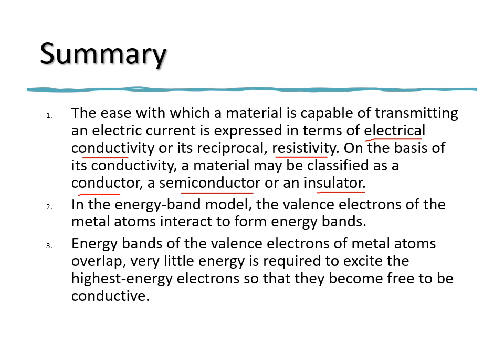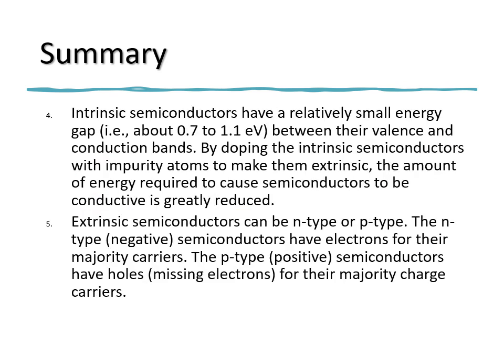In the energy band model, the valence electrons of the metal atoms interact to form energy bands. Energy bands of the valence electrons of metal atoms overlap. Very little energy is required to excite the highest energy electrons so that they become free to be conductive.